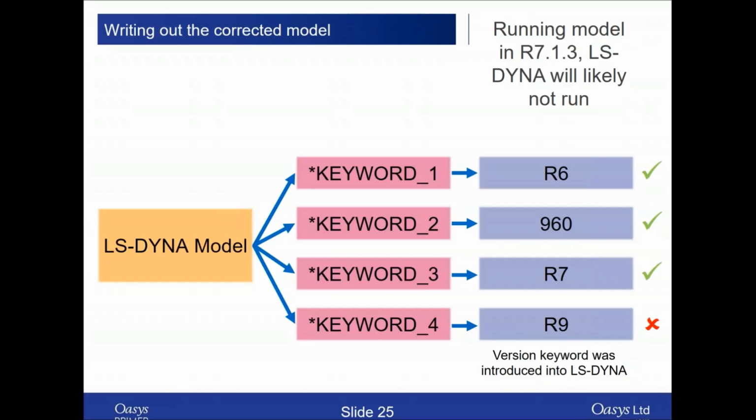And it's slightly annoying that you only found this out when you're trying to write the model out. This has now been built into the main model check. So if you have any issues like this, then Primer will find it when you run a model check. So the tree view that I showed you before, it will show up in there if you're using a keyword or a field that's not supported in the current version of Dyna that you have set as your current version.